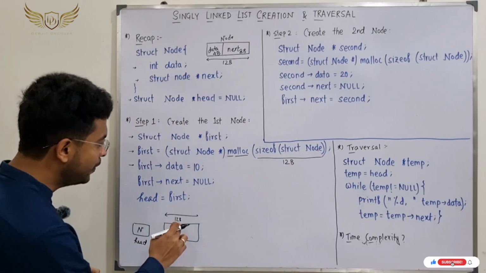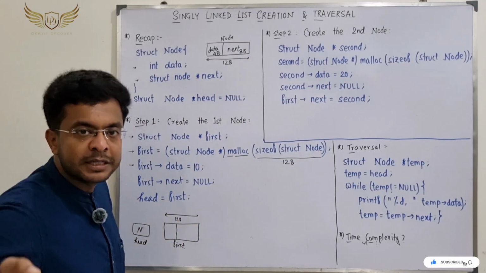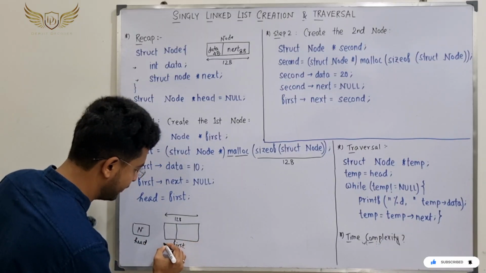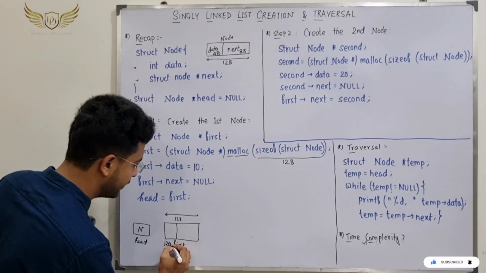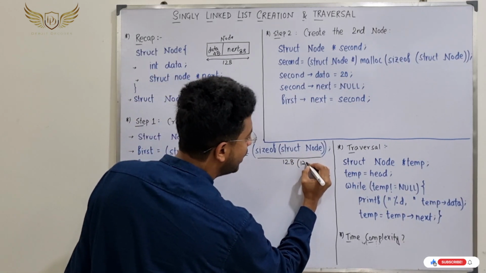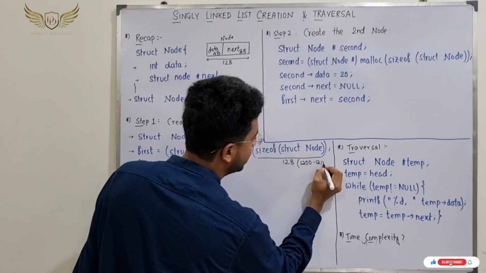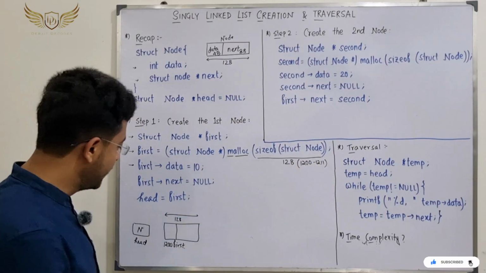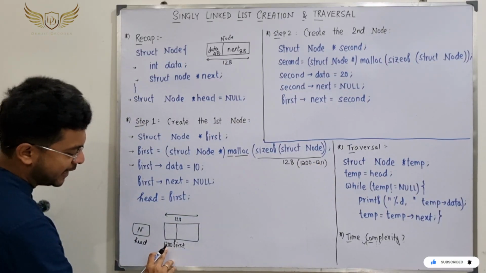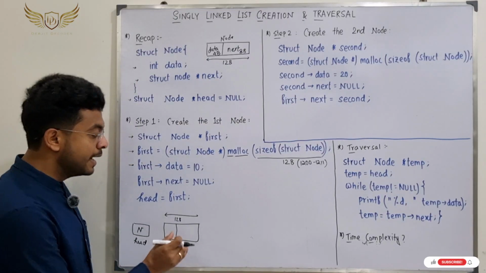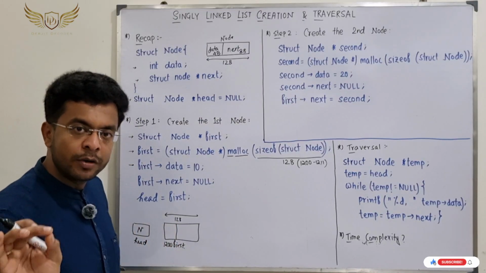In the same way, it will give 12 bytes, but at a certain memory location where it has available space. Suppose it is giving from 1200, so this 12 bytes is from 1200 to 1211. I am just considering the first address, that is 1200, the starting address. Now it has given this memory location.